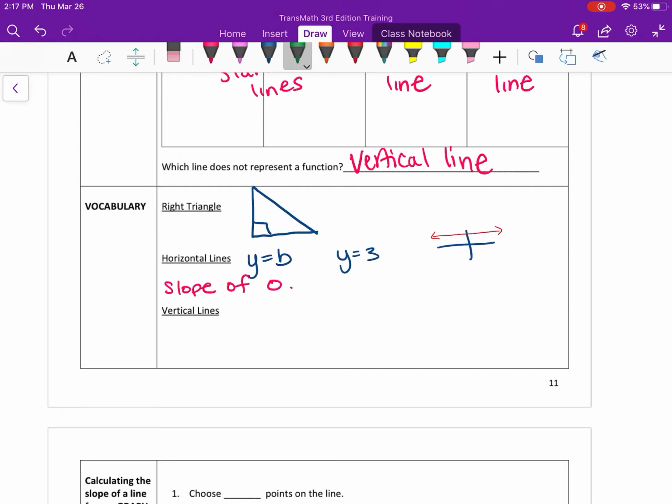Vertical lines are up and down. They have undefined slope. And their equations are like x equals some number, like x equals 3, because a vertical line goes through the x-axis. So horizontal lines cross through the y-axis, vertical lines cross through the x-axis. Vertical lines are x equals some number, and horizontal lines are y equals a number.